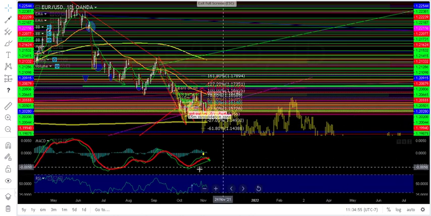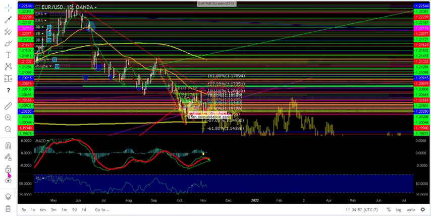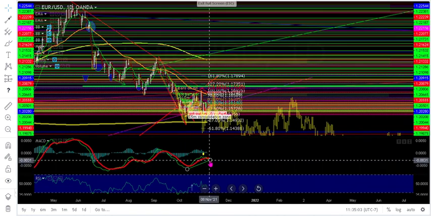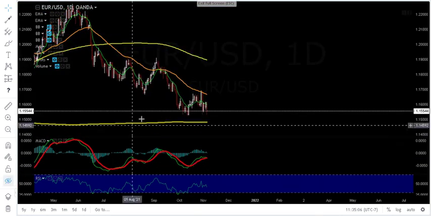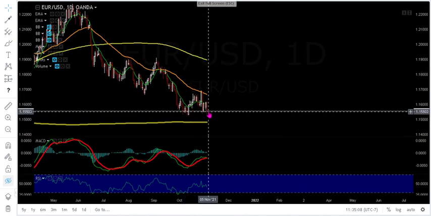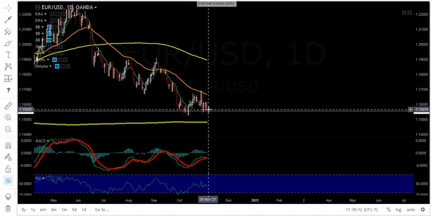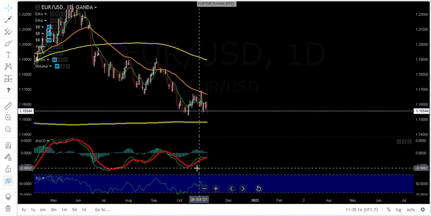But look at this. It's showing that price is going up on the MACD, but price is going down. See right here? Price is going down, we're in the downtrend, but it's showing that we're going up.